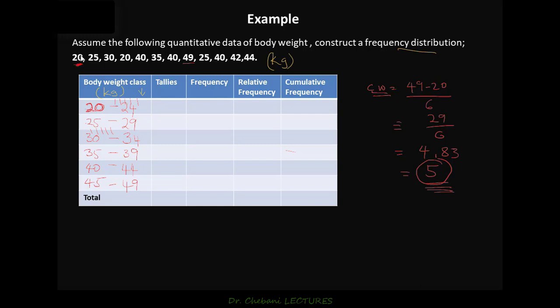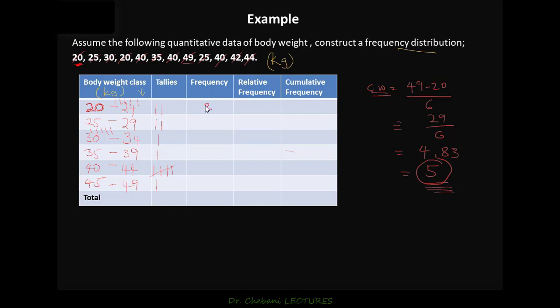So let's start off with 20. 20 would be in this group here, so we make a tally there. 25 would be here, we tally. 30 is in this class, we tally. 40 is in this class. 35 would be in this class. 40 over here. 49 over there. 25 over here. 40 in this class. 42 in this class. 44 is in this class as well. So we have 5 there, right?